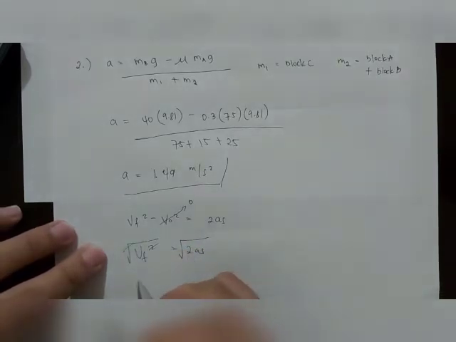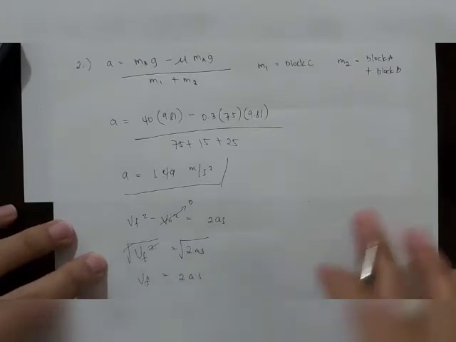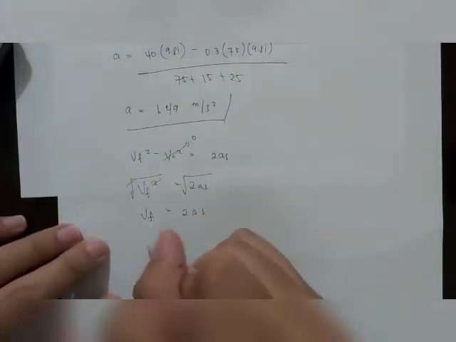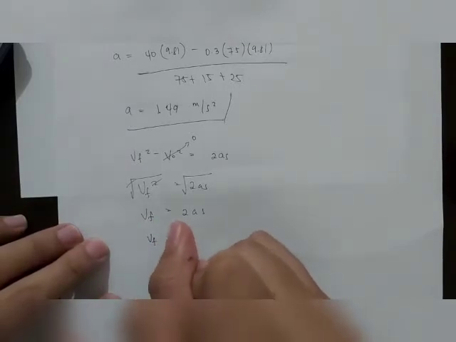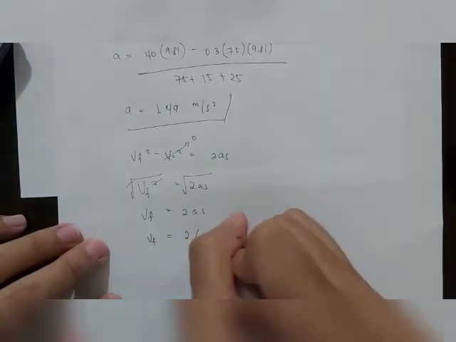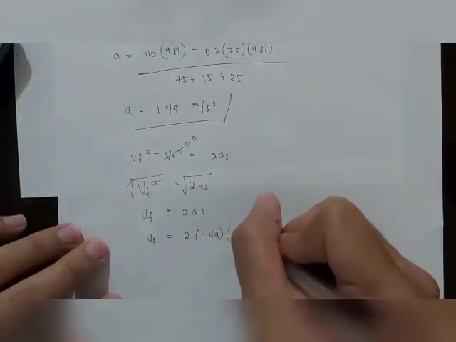We have Vf is equal to square root of 2 times a, yung sa distance. So substitute lang natin, velocity is equal to square root of 2 times the acceleration, which is 1.49 times the distance, which is 1.2.